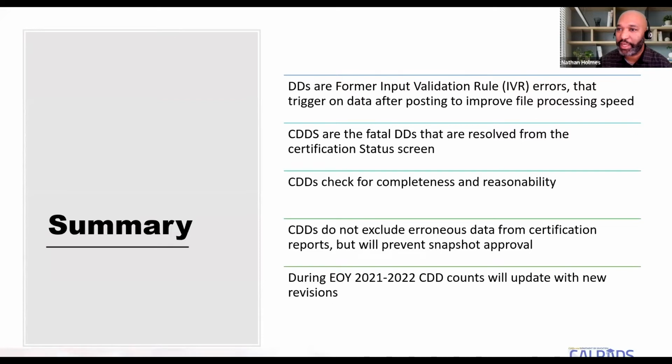Those records may not be included in your count of student absent summary. But if you have a CDD triggering, such as the SINF 0453, the missing parent guardian education level, the count will be unaffected. That data is just missing.